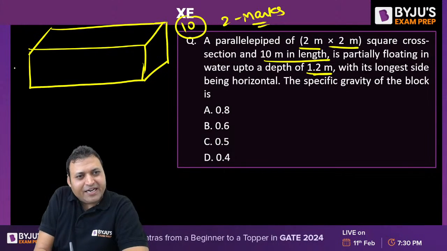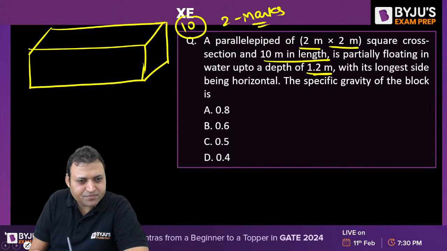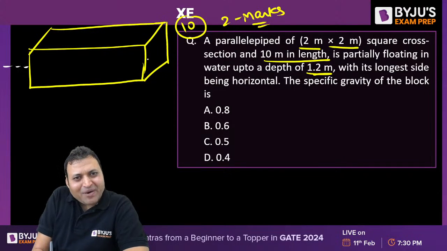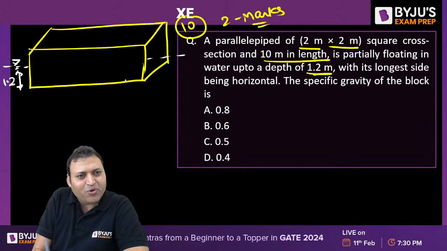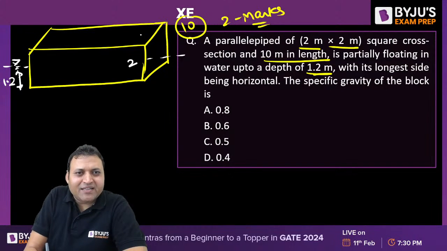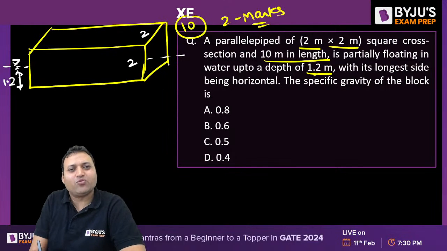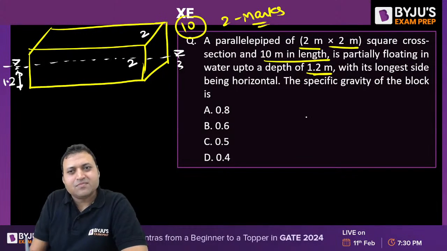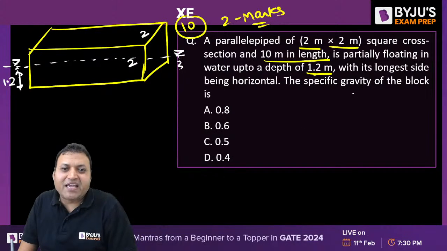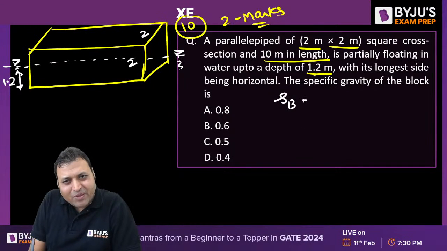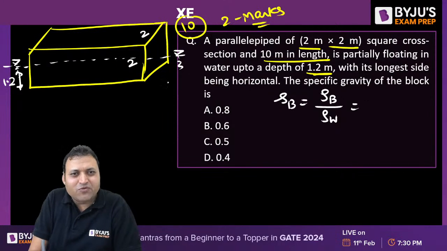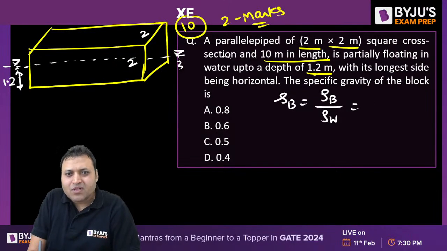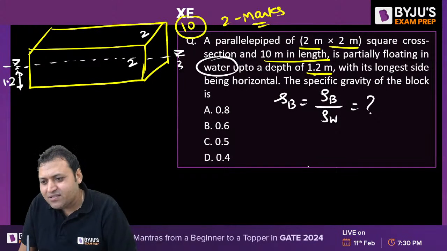This is how it is floating in water, and the depth of immersion is 1.2 meter. The cross section is 2 by 2. Here is the free surface, so it is partially submerged like this. Now, what is the specific gravity of the block? That is the density of the block divided by the density of water. The fluid is water. So that is to be calculated.